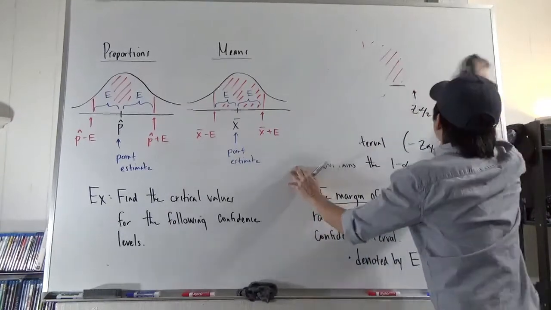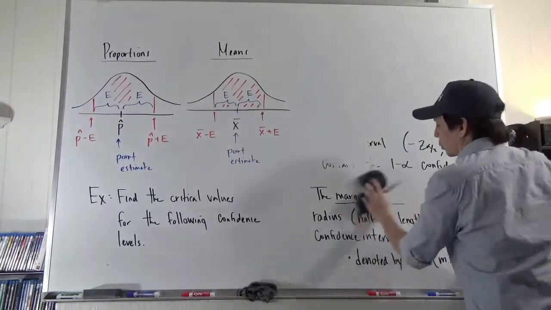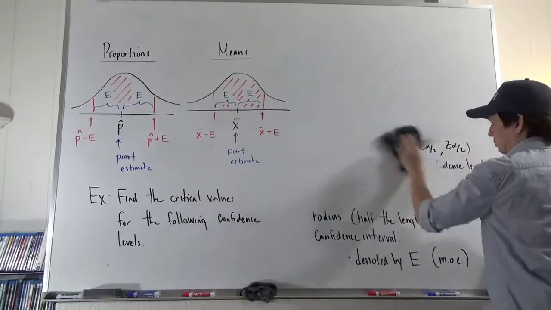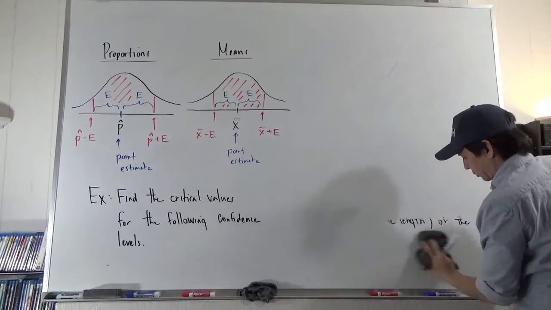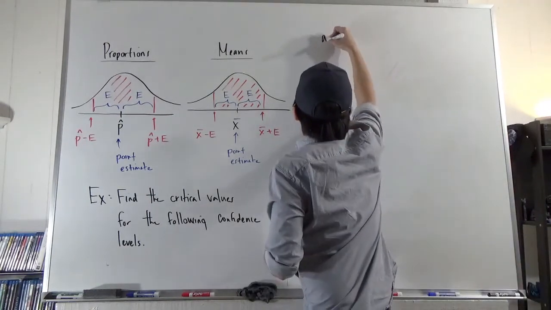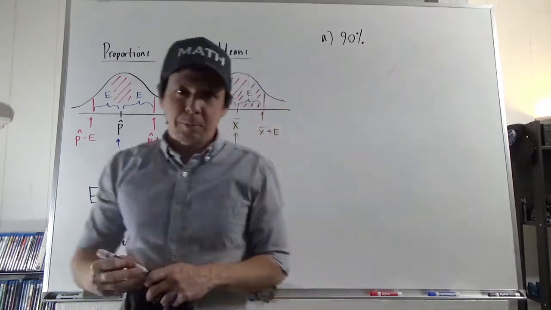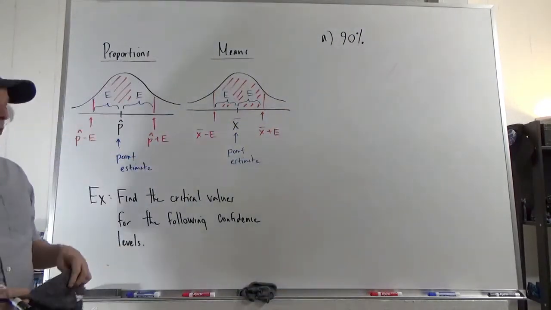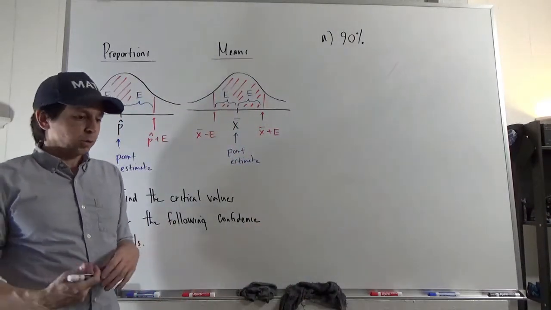To illustrate this, we're going to do three. We're going to do the three common ones, which are 90%, 95%, and 99%.